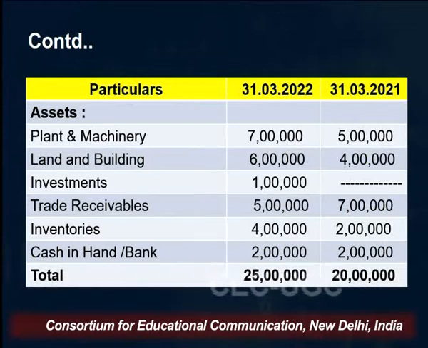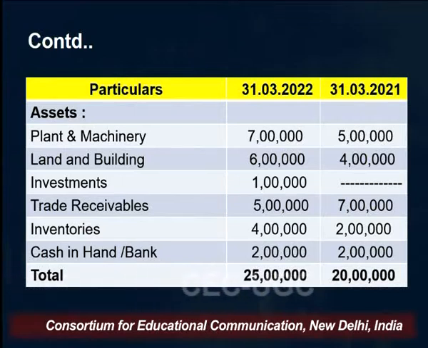Reason is very simple, because we are deferring its treatment, we will be using it at the end of the statement of cash flow. So cash in hand, cash at bank or cash equivalent, say for instance marketable securities, we don't show it under the head of operating activities, that is working capital changes. We actually defer it till the end. At the end we are going to show it. I'll tell you how to show this cash in hand and bank at the end.